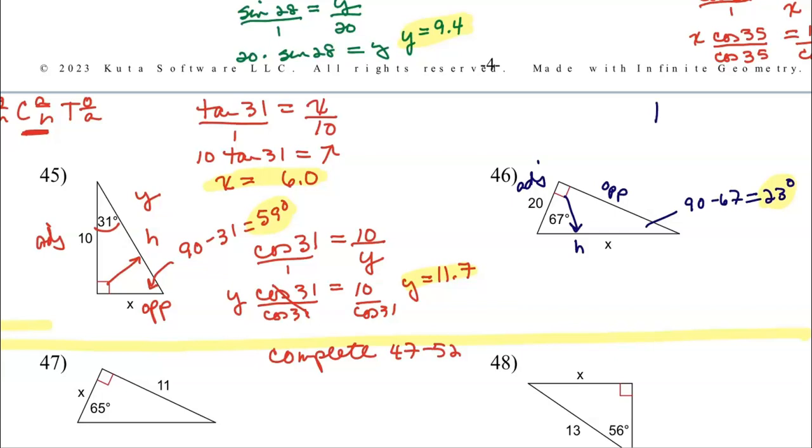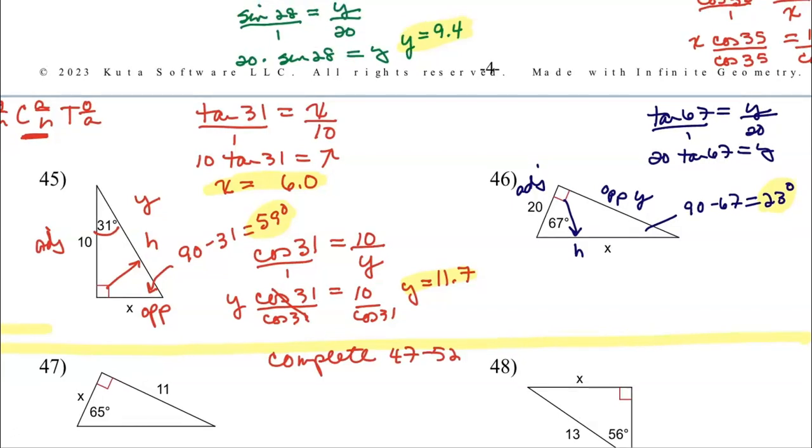So I can say the tan of 67 equals some unknown opposite, which I'll call y, over adjacent, which is 20. One-step problem. 20 times the tan of 67 equals y. 20 times the tan of 67.